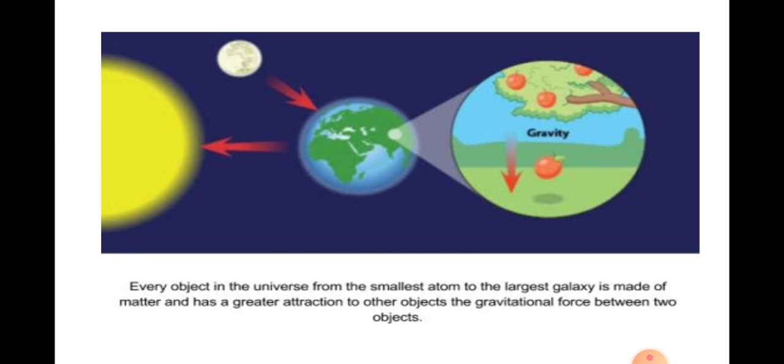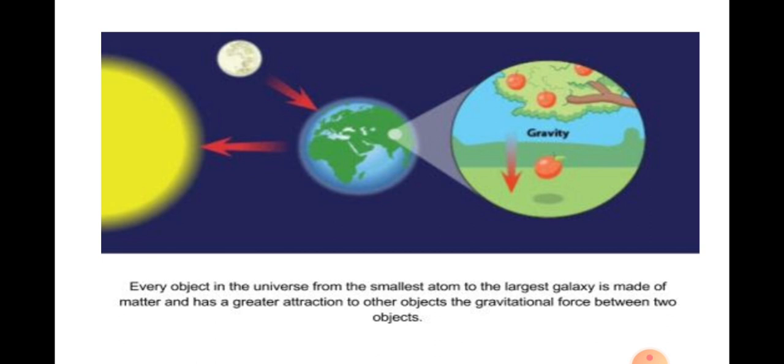The gravitational force between two ordinary objects having small masses, for example two stones, will be very weak, that means it cannot be easily detected.